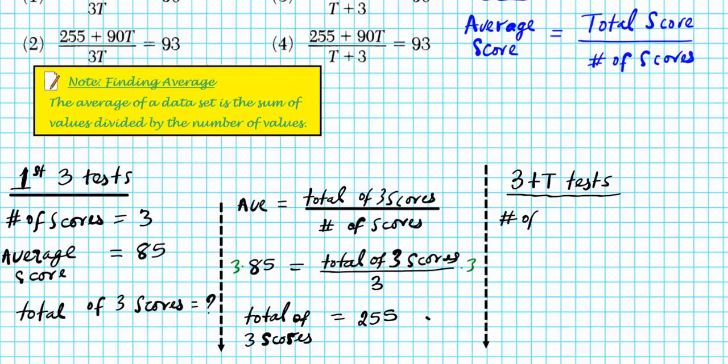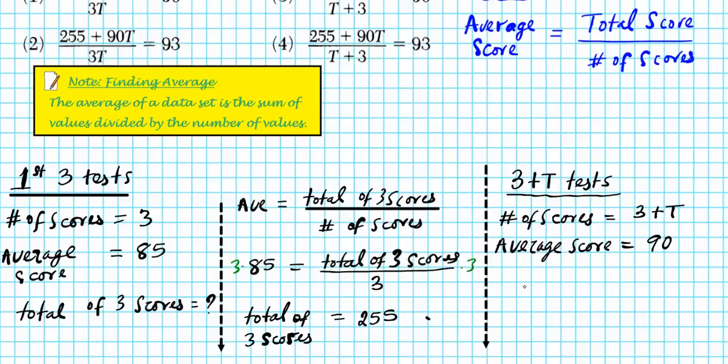The number of scores for the entire semester were the first 3 plus the T that are left in the semester. And what was the average score? The average score was indicated in the problem as 90 after adding T scores to the original that she had here.